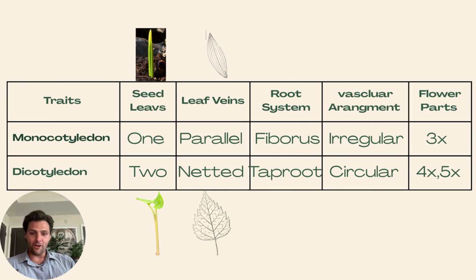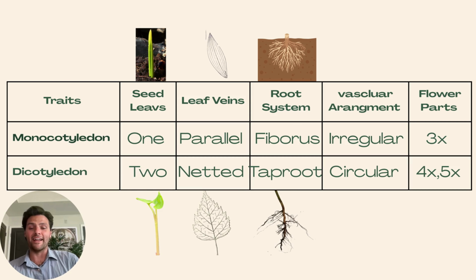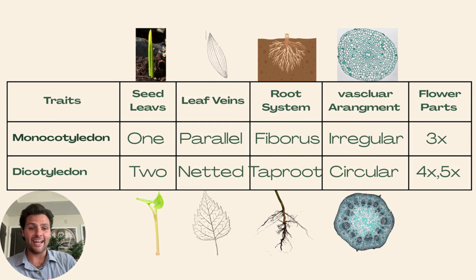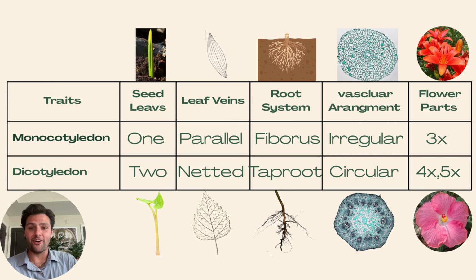The root system of monocots is fibrous, it's more lateral with lots of branching roots off that lateral kind of system, whereas in dicots it is very much dependent on that taproot or that single main root. For the vascular arrangement in monocotyledons, it is irregular, there's no real pattern to it, whereas in dicots, it is a circular and very distinctive pattern. And the flower parts of monocots are multiples of 3, whereas in dicots they are multiples of 4 or 5.